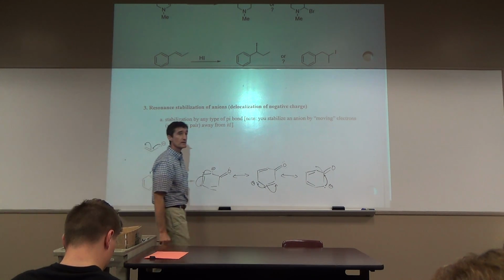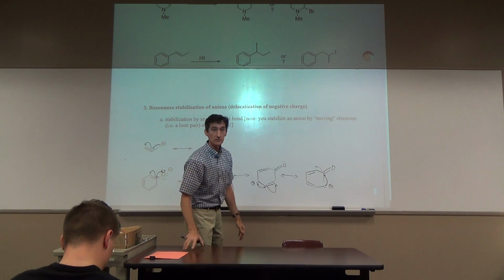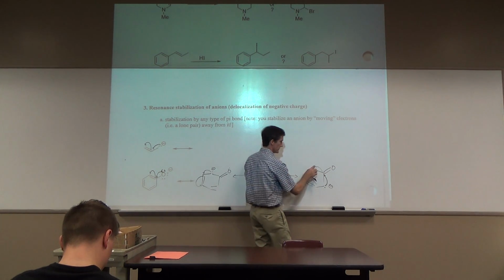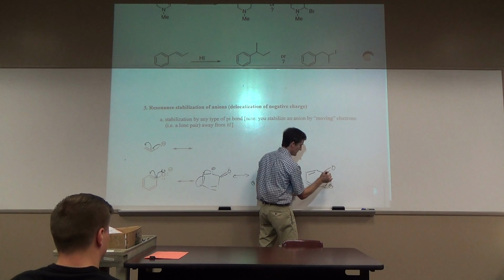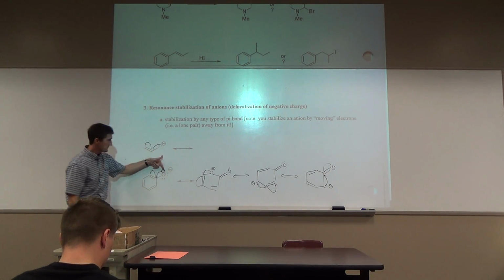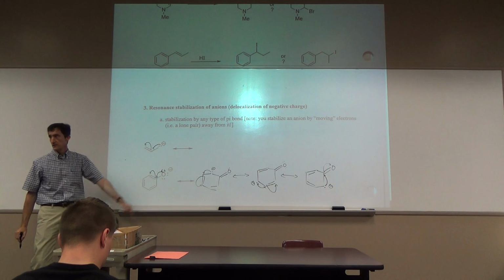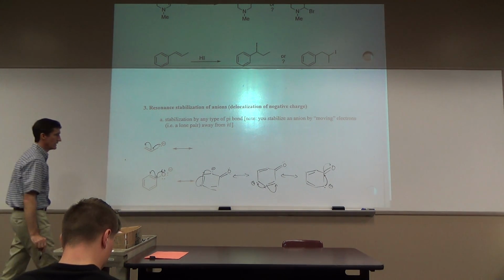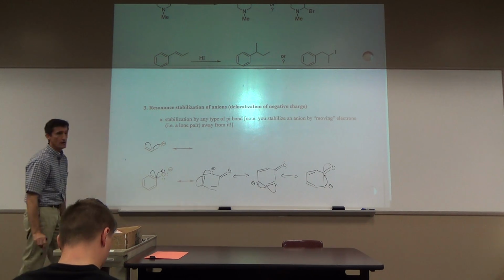If you move sigma electrons, you're going to be breaking bonds. Everything has the same connectivity in all your resonance structures. No, the pi bond is what moves out. And yes, that's going to give you back the charge on oxygen. Okay?